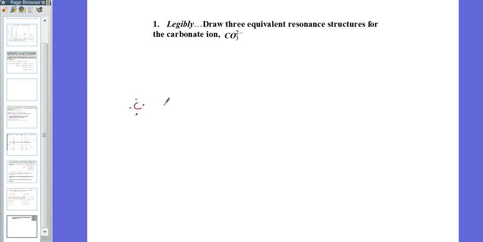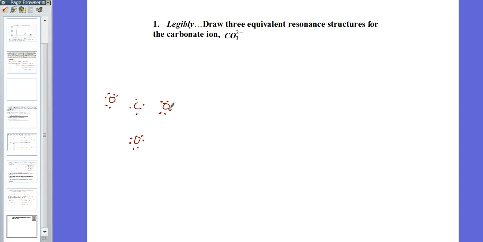So you're looking at an oxygen with 1, 2, 3, 4, 5, 6, and the same thing for each of the others. So there you've drawn your valence electrons around each individual atom.